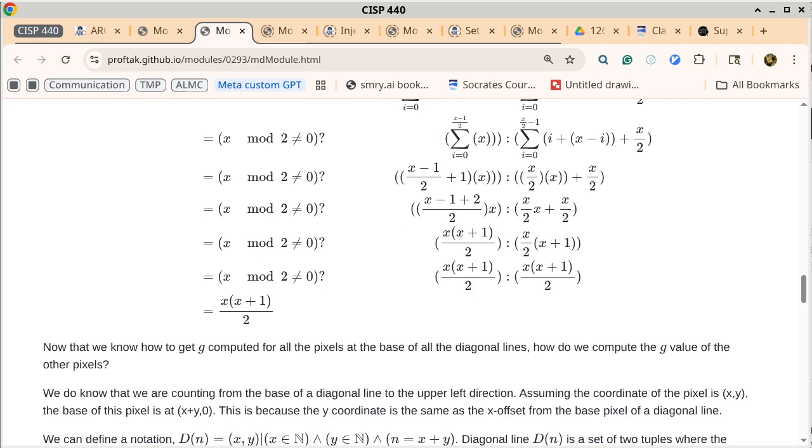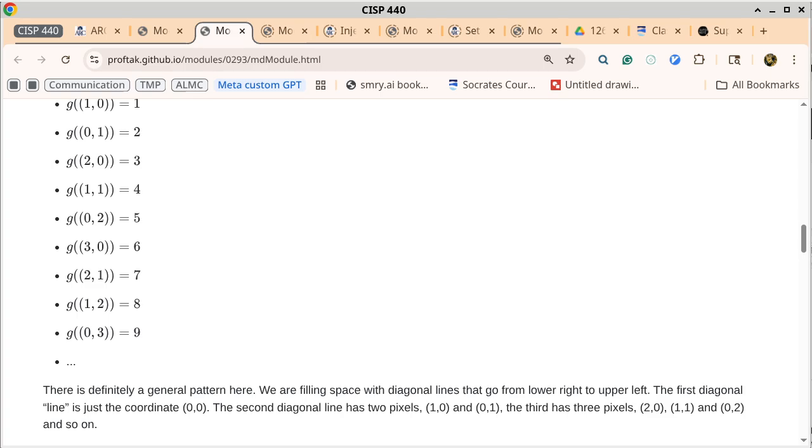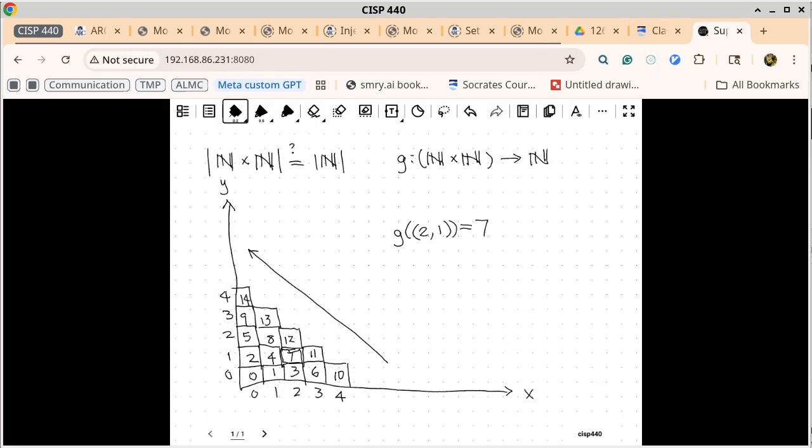So knowing the base of the matrix that we saw a little bit earlier, now the question is, what if I'm interested in the natural number that is not on the base or not on the x-axis? What if the pixel is somewhere else?